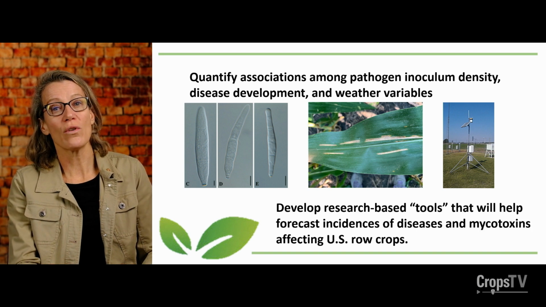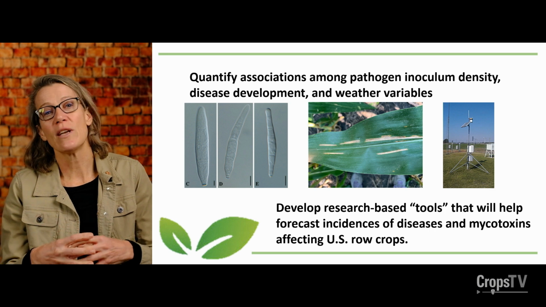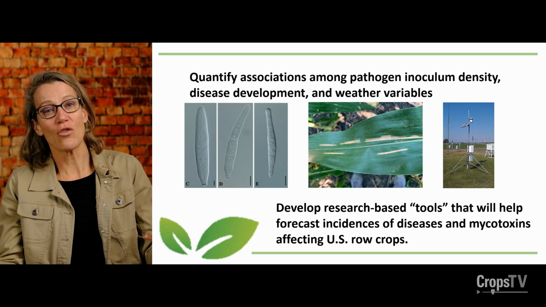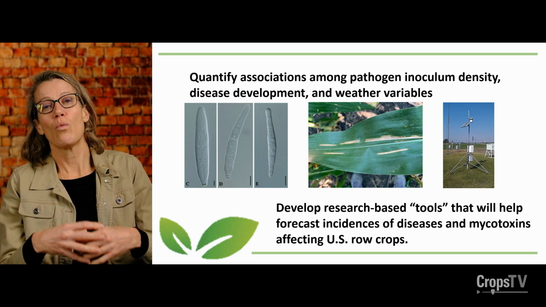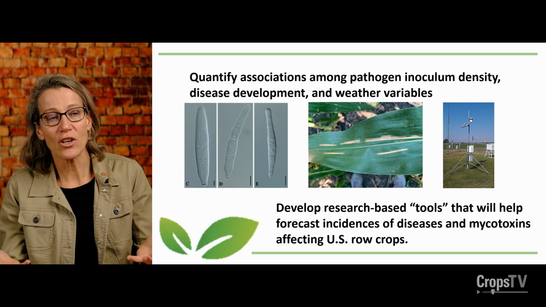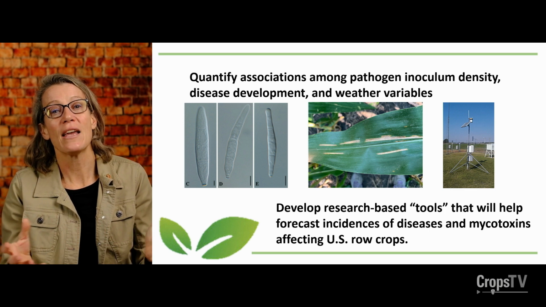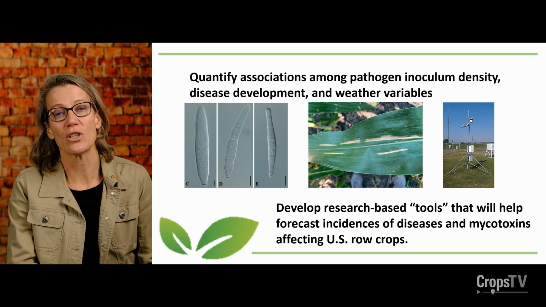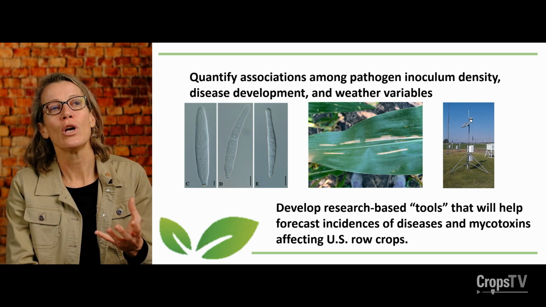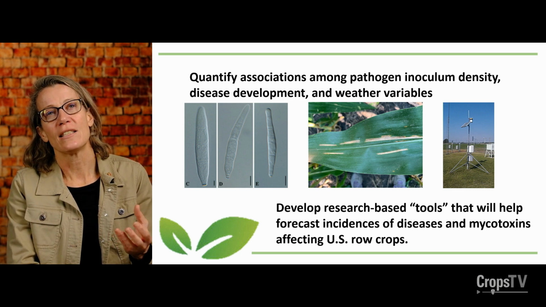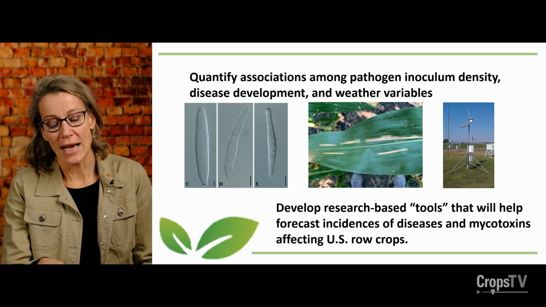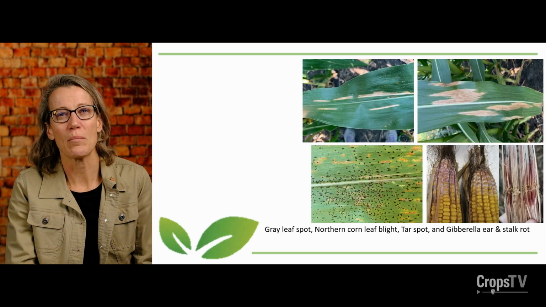Based on all that data that we're collecting, we're developing these tools that will help farmers and agronomists predict whether there's going to be a particular disease or mycotoxins that may affect U.S. row crops. A really good example of this would be the TarSpotter app, which is using data from NPMTI to improve that app.